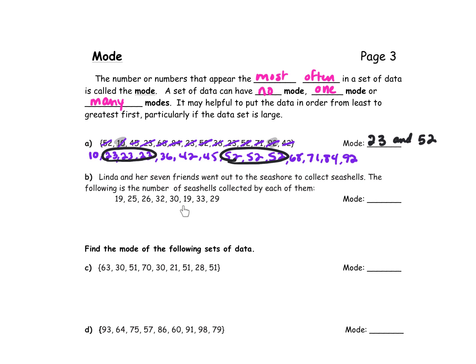You can see from this set of data, it's a little bit less cumbersome and will be easier to put in order. So the situation says that Linda and her 7 friends went out to the seashore to collect seashells. The following is the number of seashells collected by each of them. So let's start the process of going ahead and listing in order our data items.